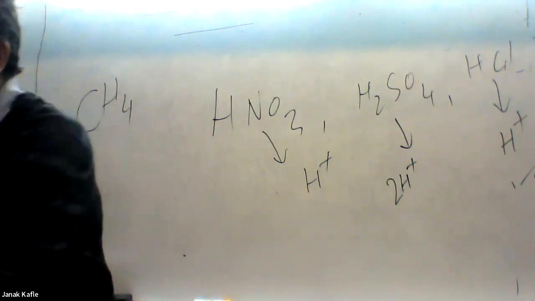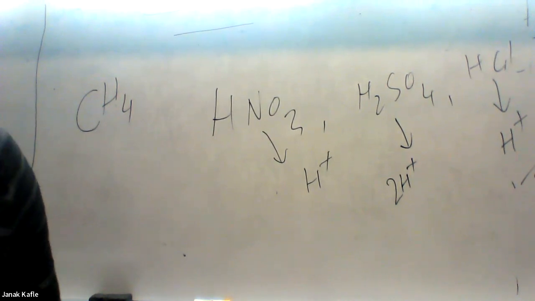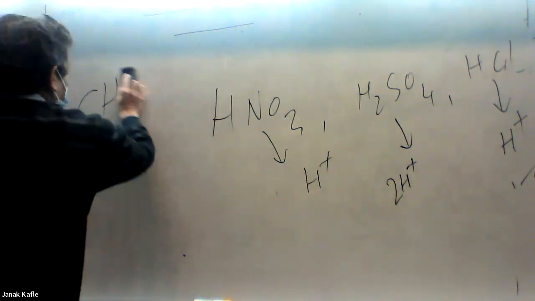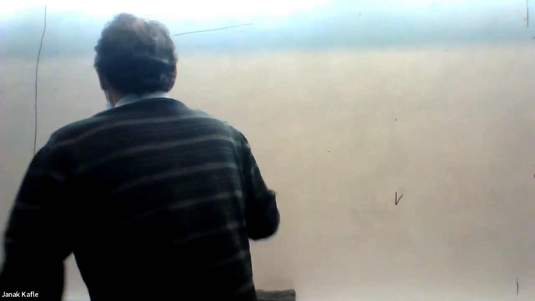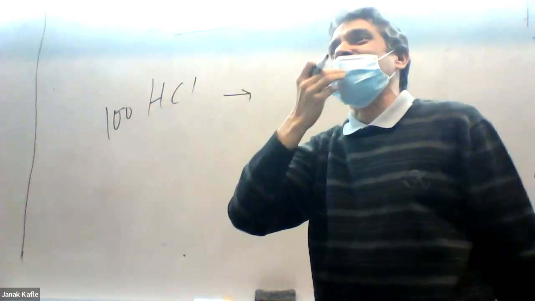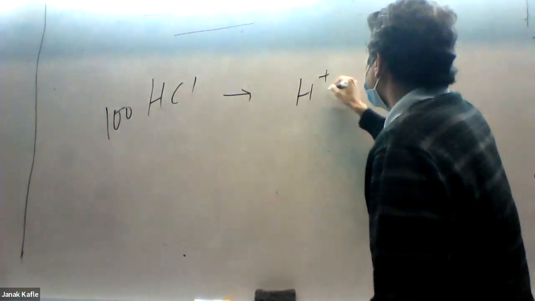Now let's talk about acid and base strength. You already know about acid and base strength. So let's say you have HCl here. You have 100. You throw the 100 molecules of HCl in water, and all 100 molecules break into H plus and Cl minus.